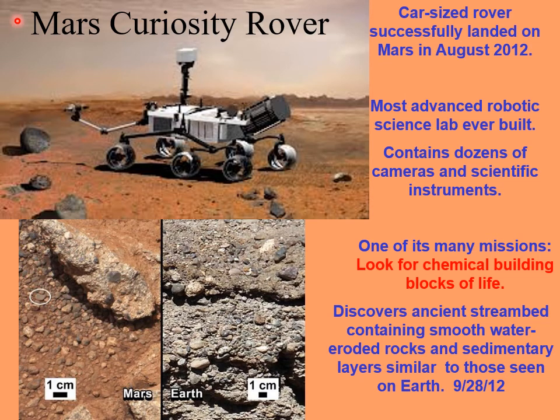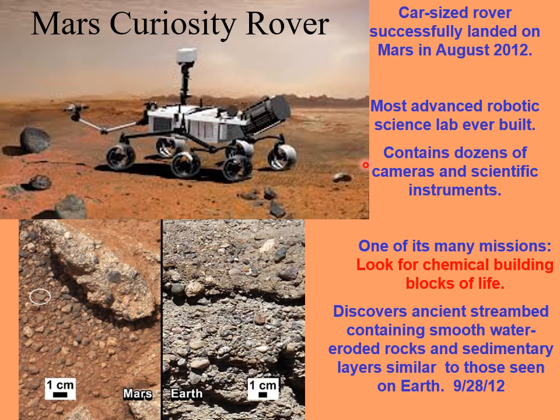Here's our last slide of this part of the lecture. This is just some highlights of another rover that is currently still working on Mars. This is the Mars Curiosity rover, and it's a car-sized rover that landed in 2012, and it's the most advanced robotic science lab ever built. It contains dozens of cameras and scientific instruments.